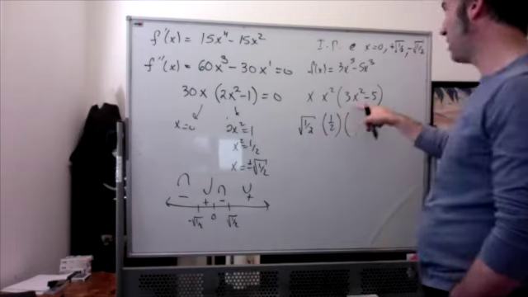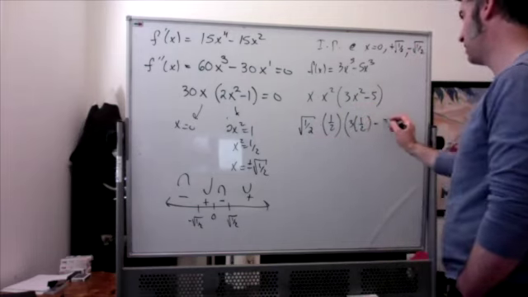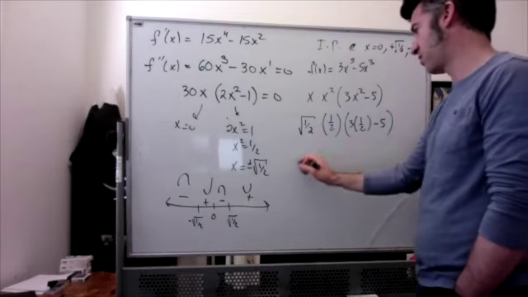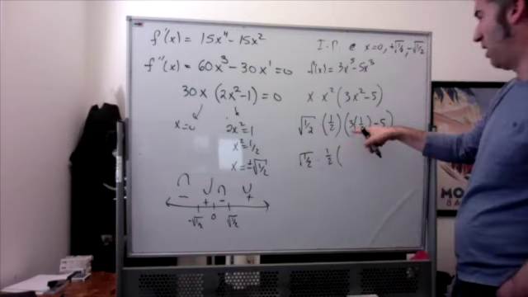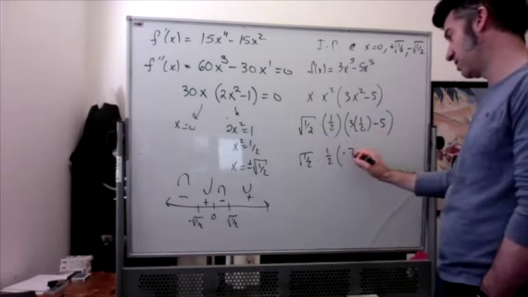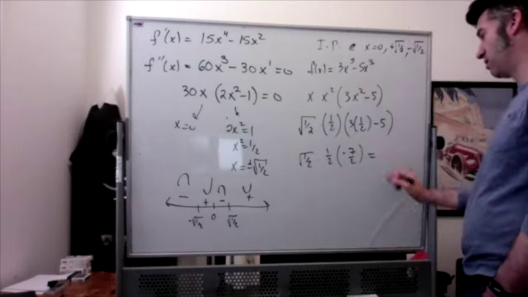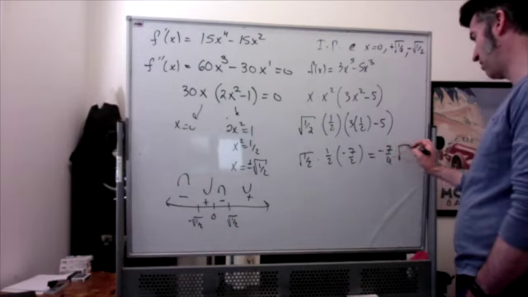And then 3 times the square root of 1/2 squared is 3 times 1/2 minus 5. I don't know if this is really better. It feels a little better. This is the square root of 1/2 times 1/2 times 3 halves minus 10 halves, which is negative 7 halves. This feels kind of silly to me. This is going to be negative 7/4 times the square root of 1/2.